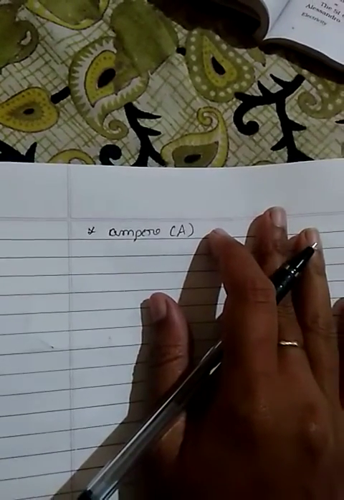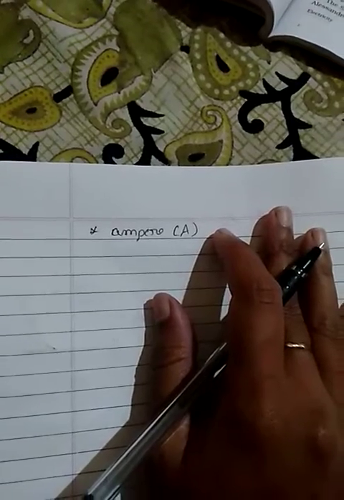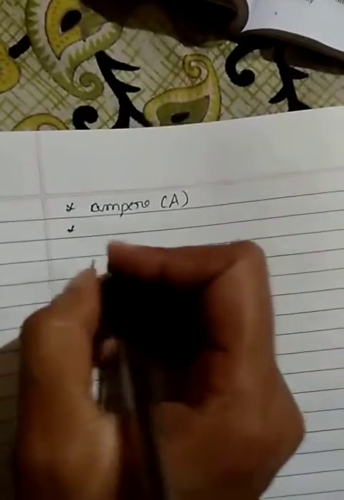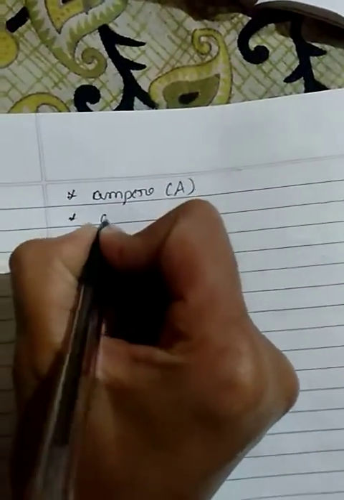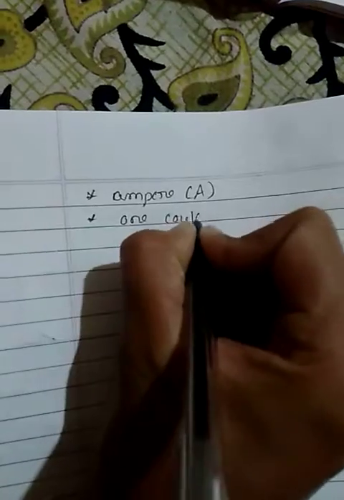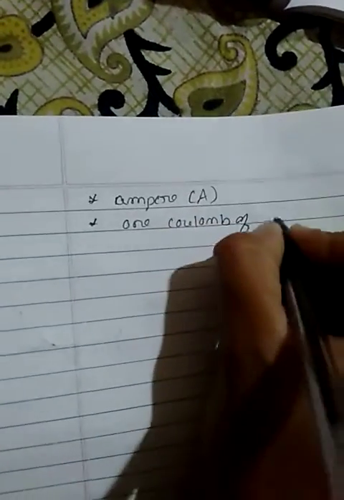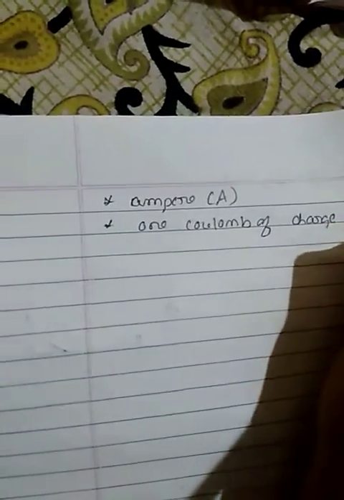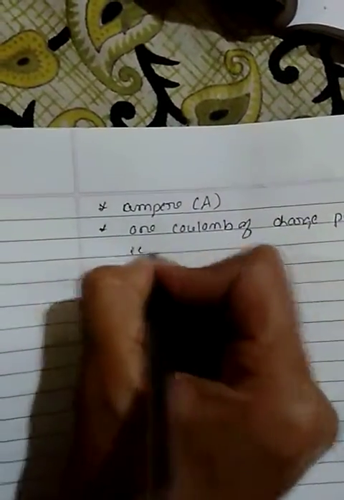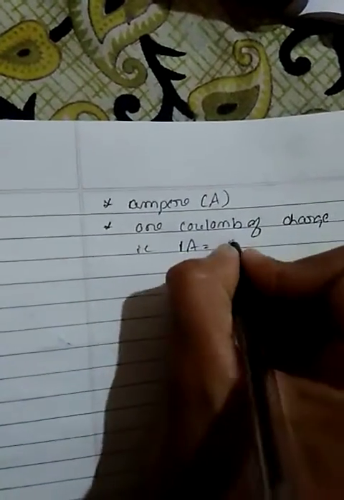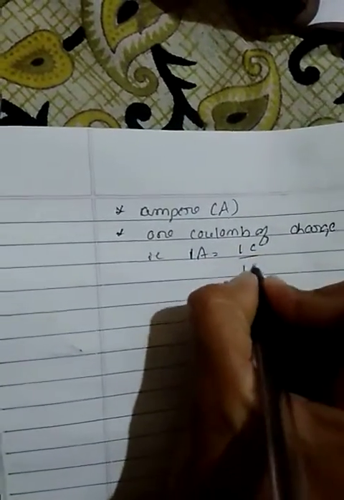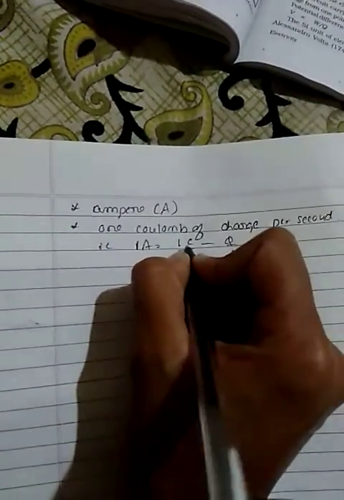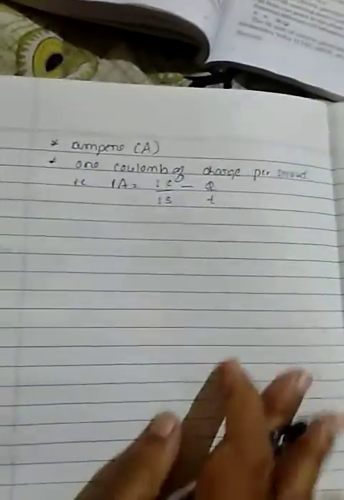How to define 1 ampere? 1 ampere is defined as 1 coulomb of charge per second, that is, 1 ampere is equal to 1 coulomb divided by 1 second. So this is Q divided by T, where Q is in coulomb and T is in seconds.